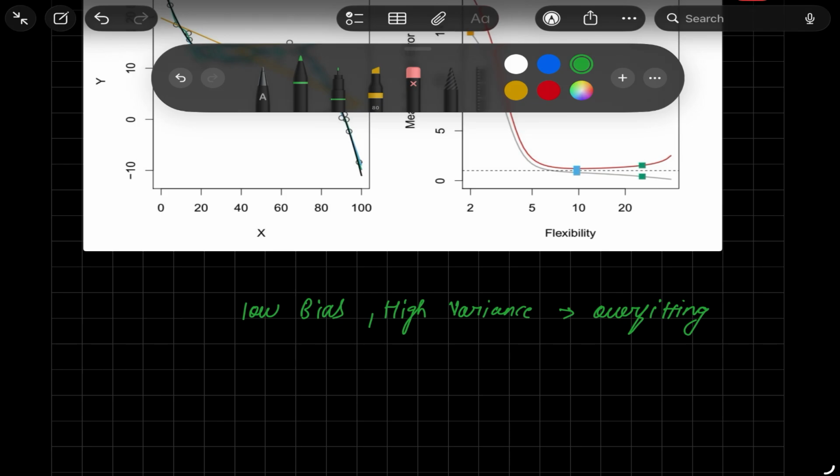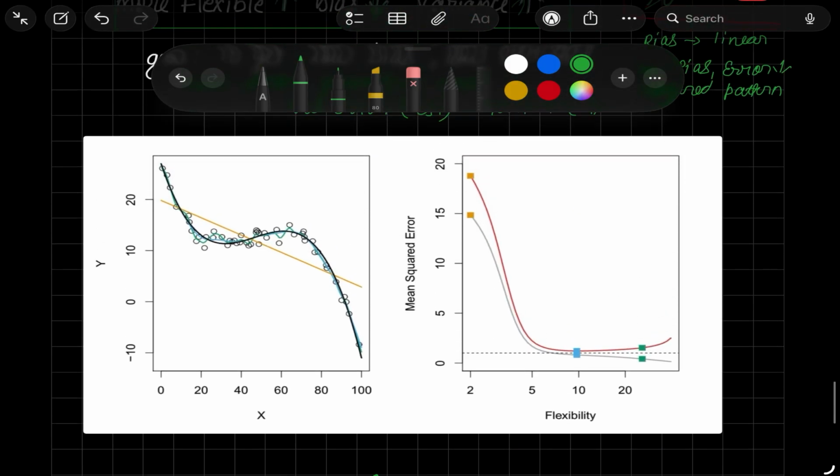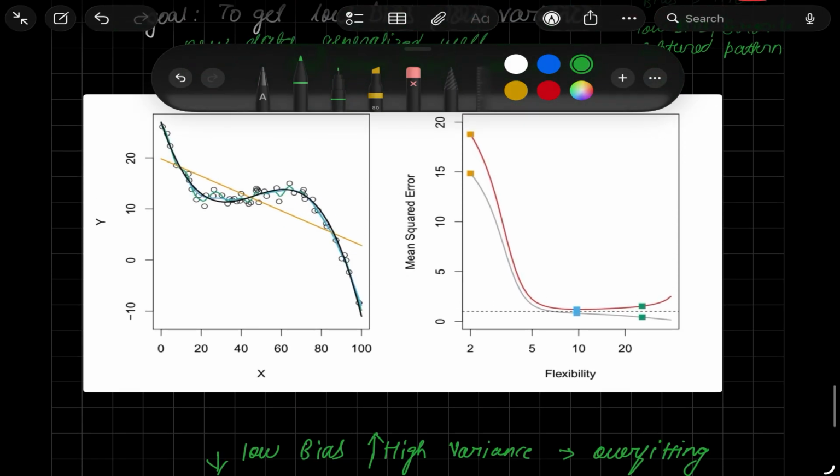What happens here is that the model is too complex, so it tries to capture all data points, even the noise, which should not be captured. That results in very low bias, but it gives very high variance, which is not a good thing. Okay. Now we have another example.